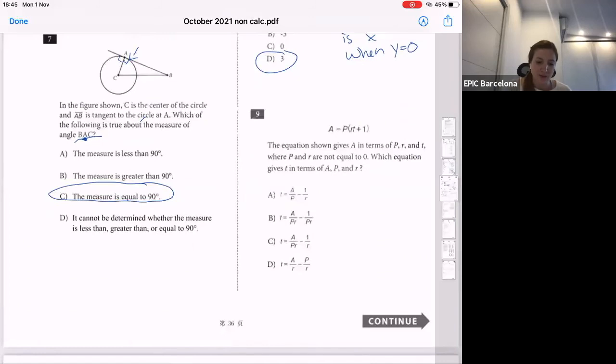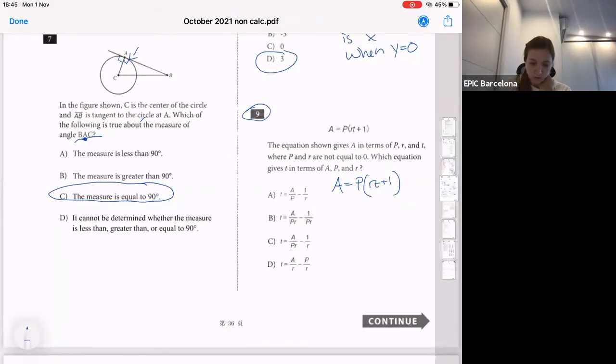Wow, there's 2 exponential growth questions. Also this concept, number 9, is on every single SAT exam, which is just rearranging equations. In this case, we have A equals P times (RT plus 1). Well, there's multiple ways to go about this one.